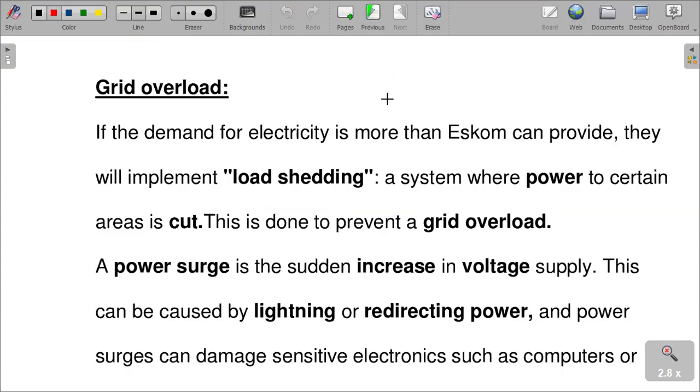Grid overload. If the demand for electricity is more than ESCOM can provide, they implement what is called load shedding.